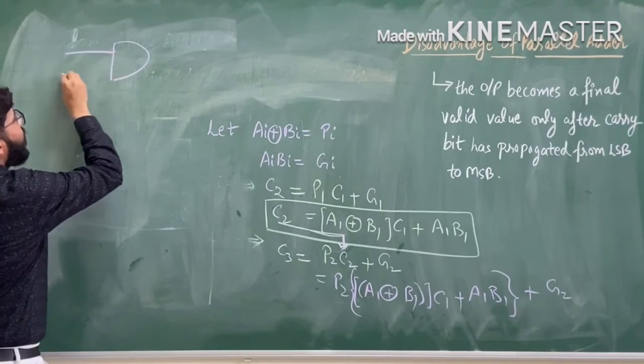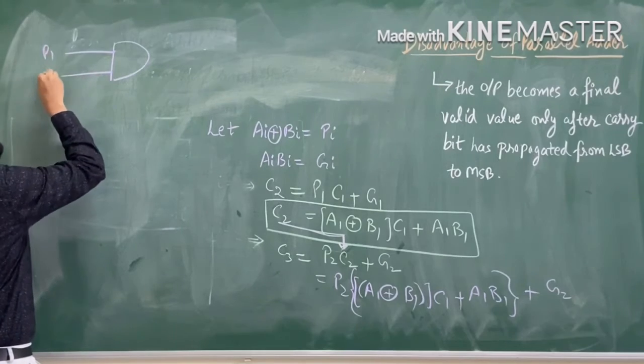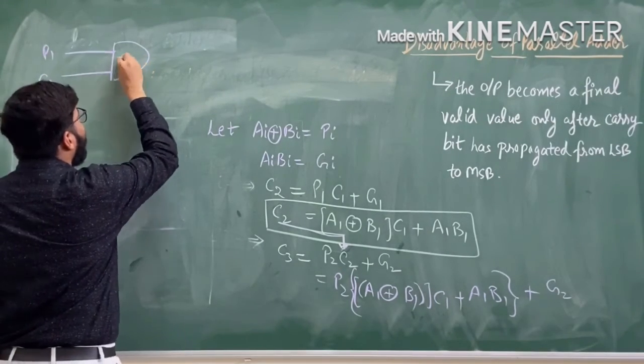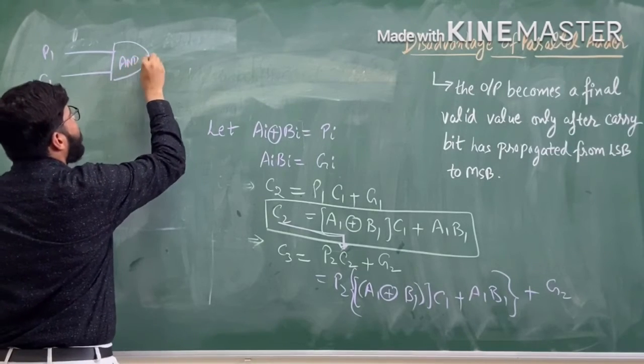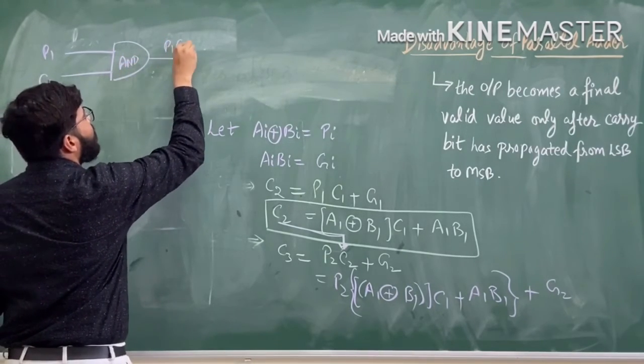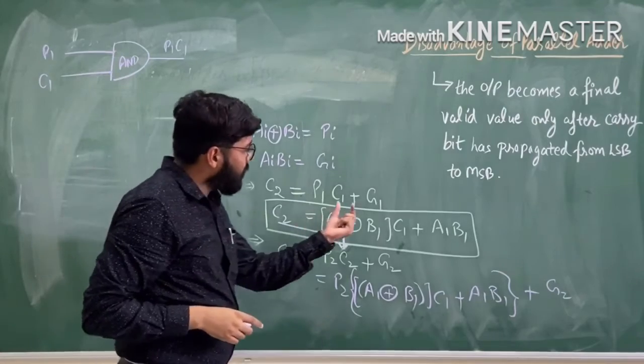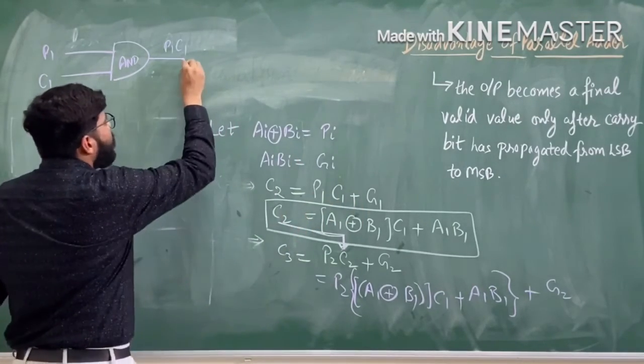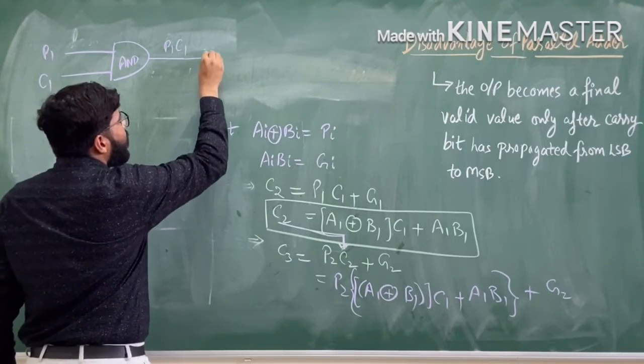P1 and C1 applied to the AND gate give the output P1 C1. Now this is plus, and plus means OR gate. You have to apply an OR gate here.